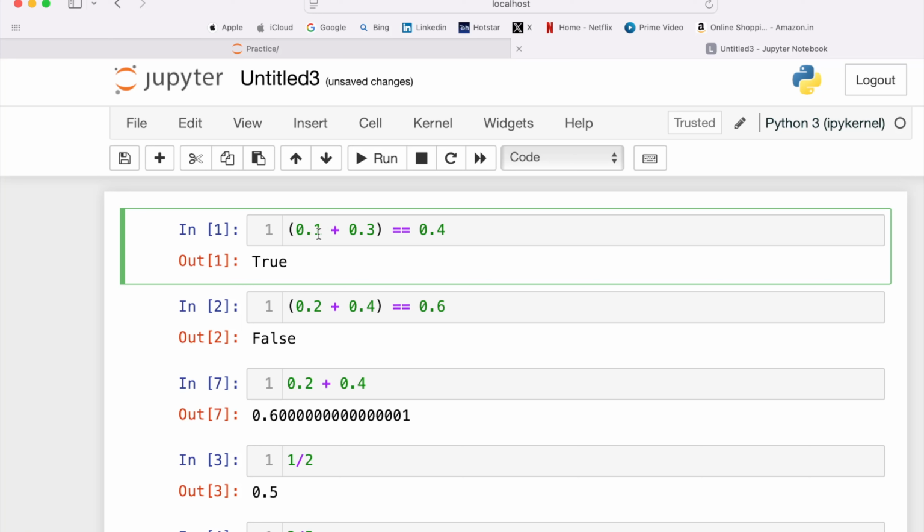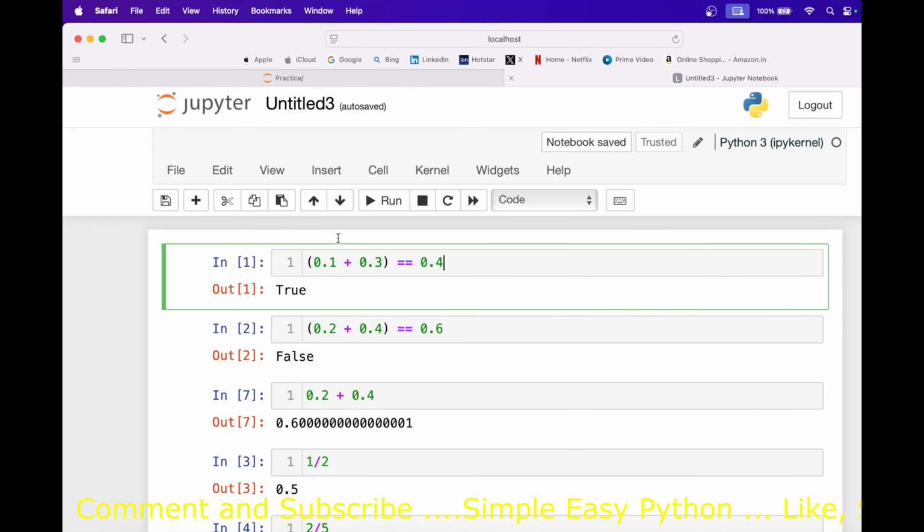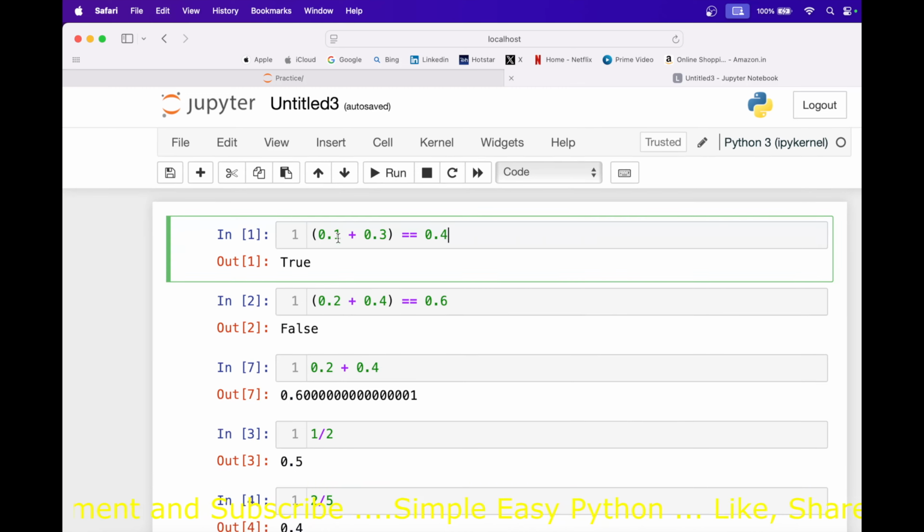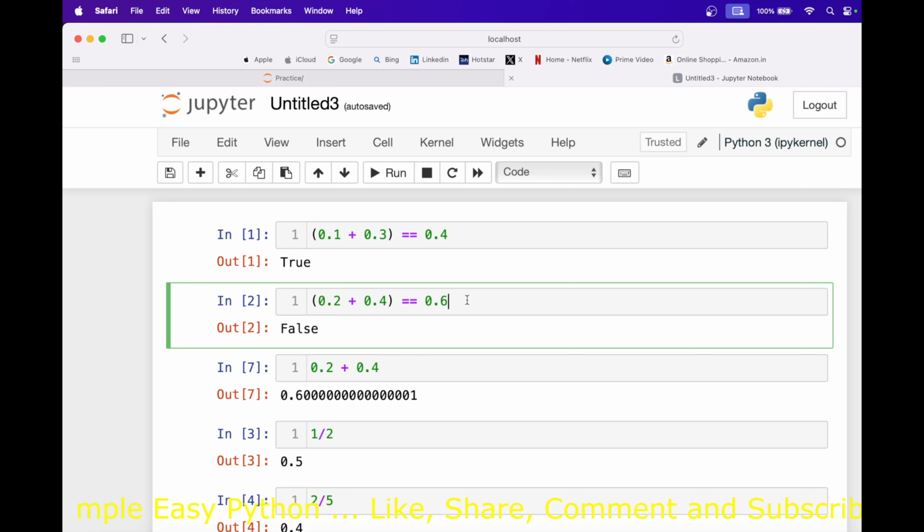So in school we were taught correctly and the computer is also correct. This phenomenon is not only with Python. In most computer languages you will find the same type of arithmetic, and that is the reason you should be very careful with floating point arithmetic.